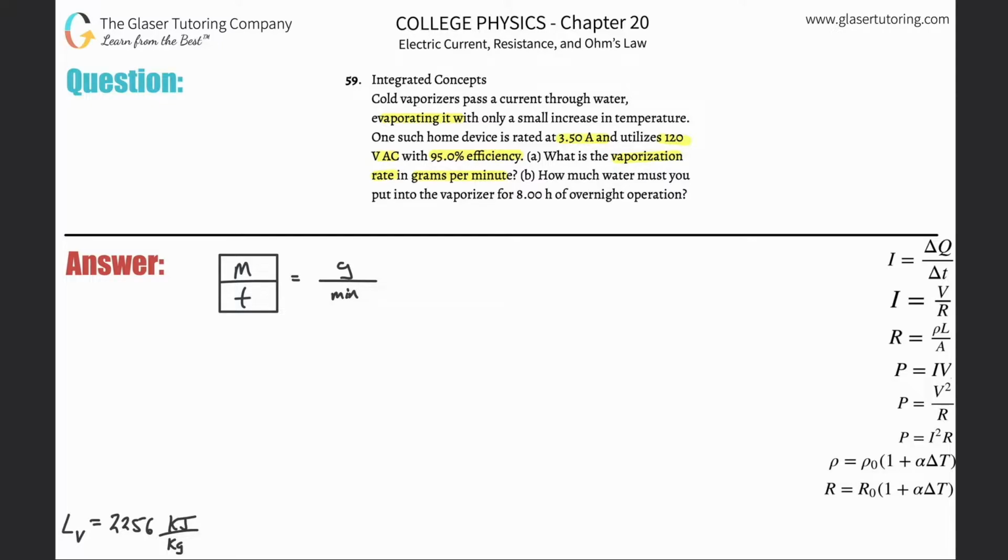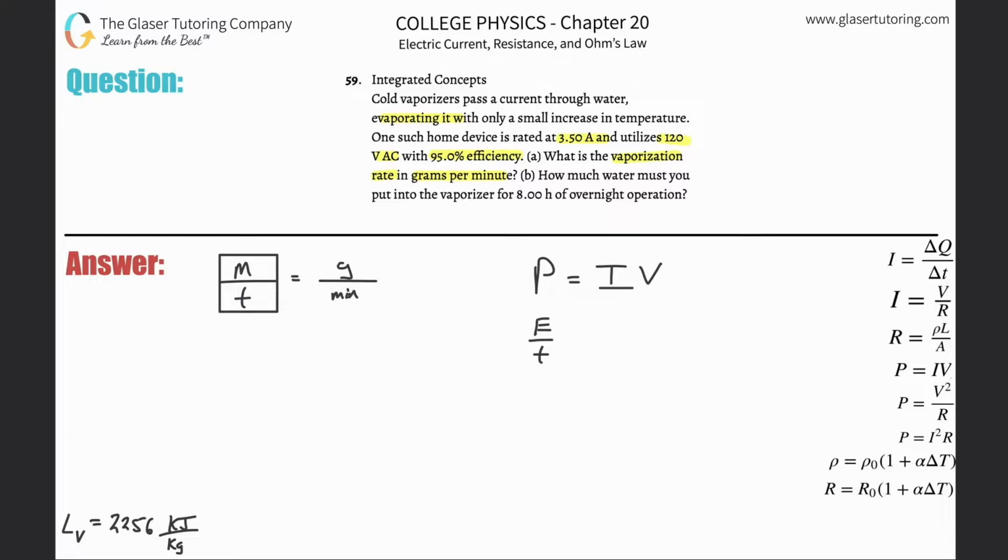The power supplied is going to equal the current flowing through a particular object, not a wire in this case, it's water, multiplied by the voltage applied. Power, you have to remember, is energy per time. It's joules per second, or watts.